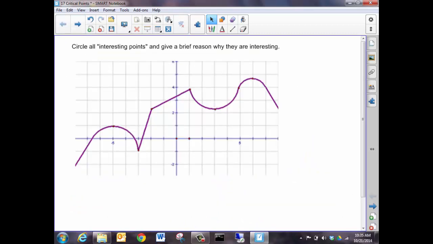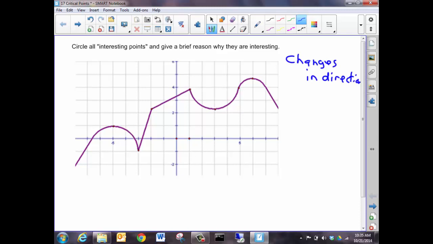So, what makes a point interesting? Something that makes it interesting is changes in direction. Okay. Anything else that makes a point interesting? When it's not on the line, like these two here.